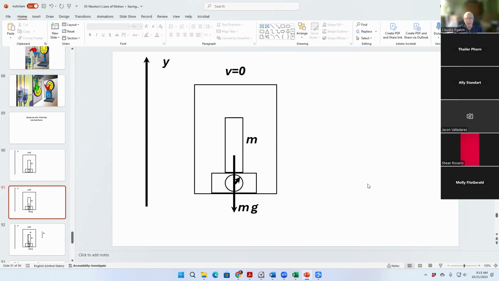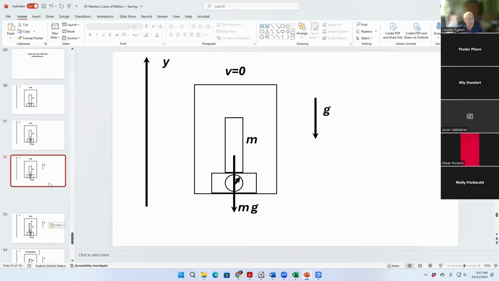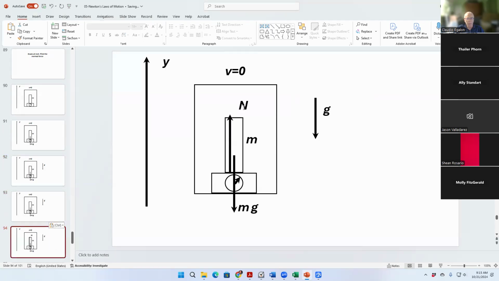The weight nearby the surface of the Earth is going to be m times g, where g is 10 meters per second squared. And then we have to take into account the normal force as well.